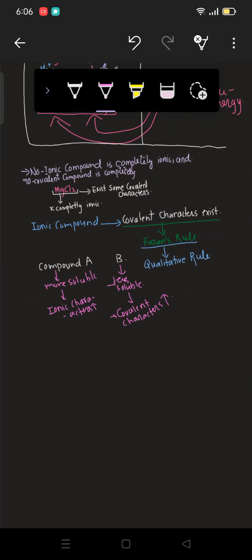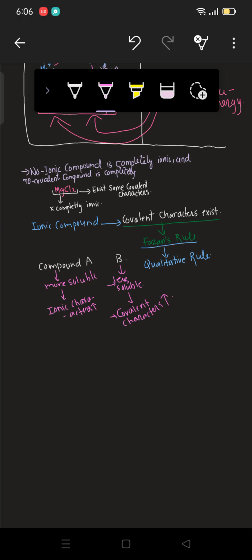You can talk about melting point and boiling point, since we know that the melting and boiling points of ionic compounds are greater, right? If a compound has a higher melting or boiling point, that means it is more ionic. And if a compound has a lower melting or boiling point, it is less ionic. Less ionic means more covalent, right?